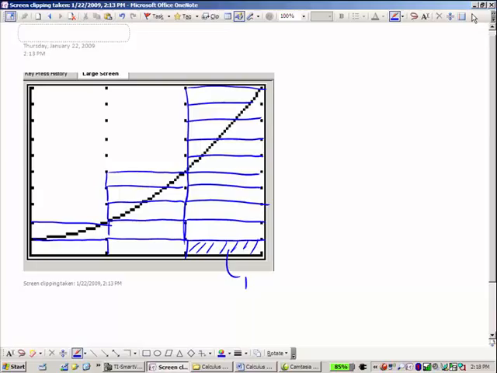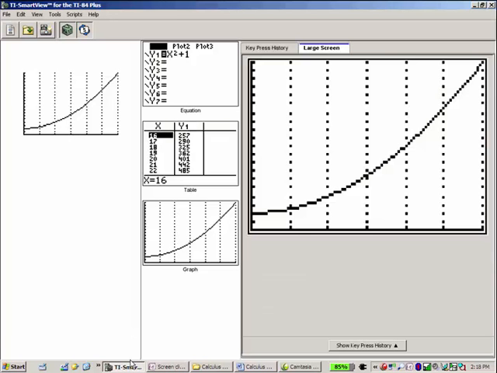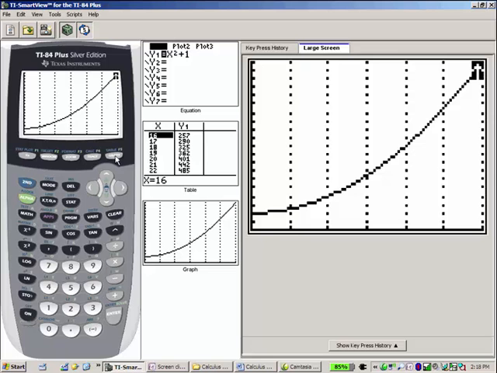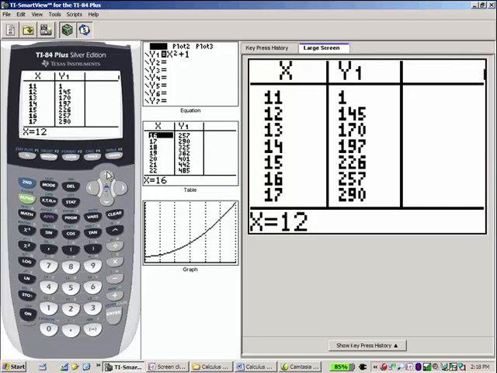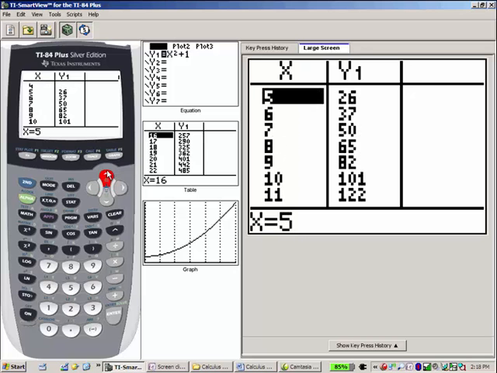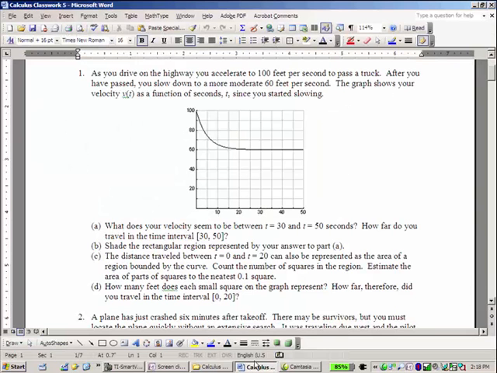So we looked at a graph. Actually, if you wanted to, you could also look at a table.